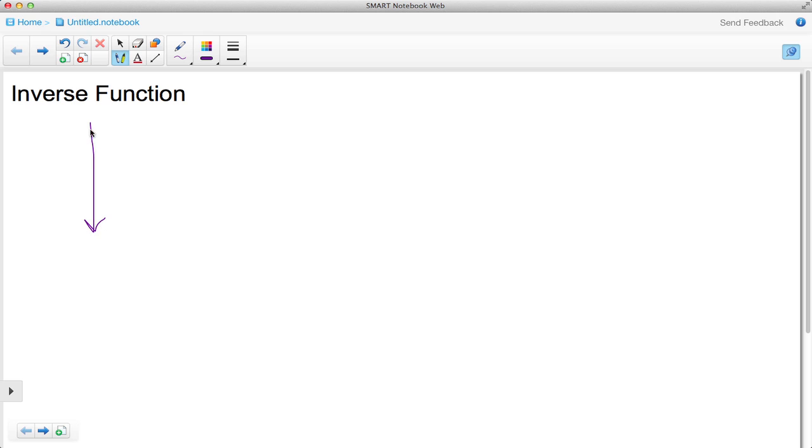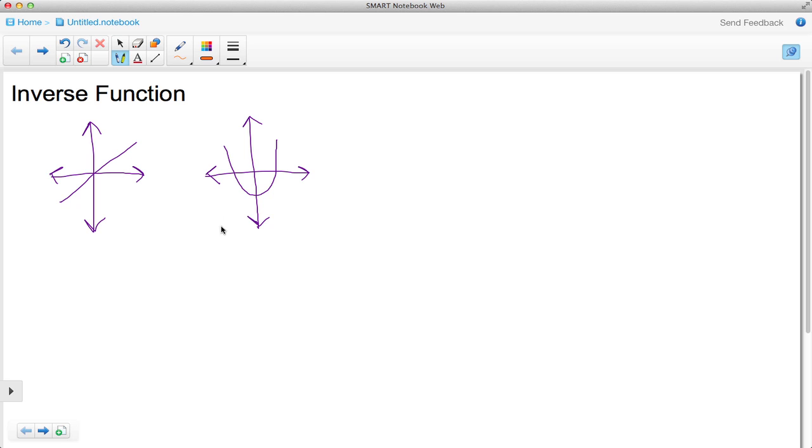Let's say that we have our coordinate plane here, our xy plane, and let's say on one we have it's linear, we have a straight line, and let's say we have a second one, and on this second one let's say that it's quadratic, so we have a parabola.